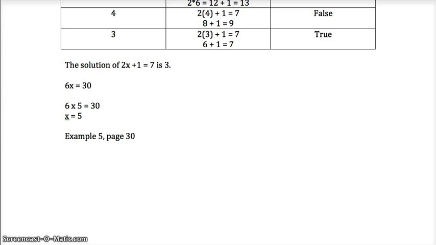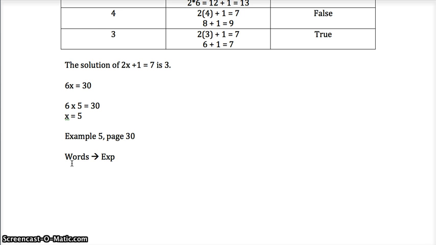For example, if we see the word more, that means that we're going to be adding. If we see the word less than, that means subtracting, things like that. So keep that in mind as we go into example 5 right here on page 30. And example 5 gives us words that we need to change into an expression.